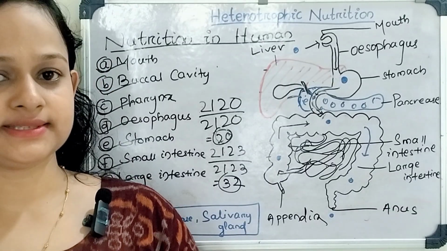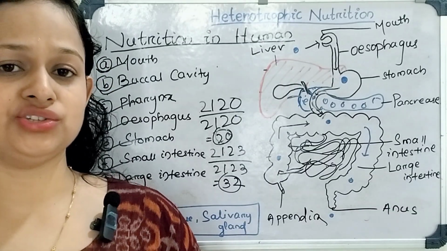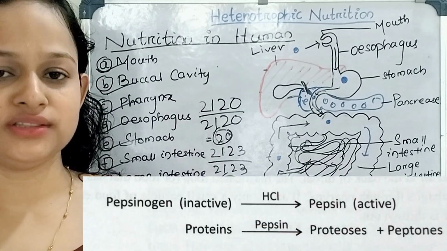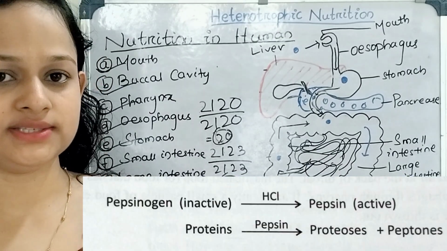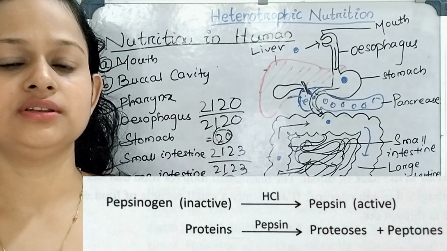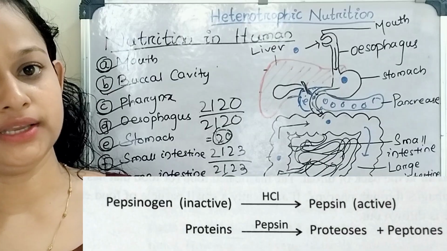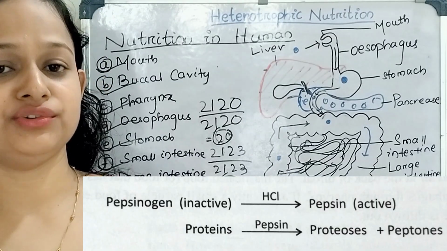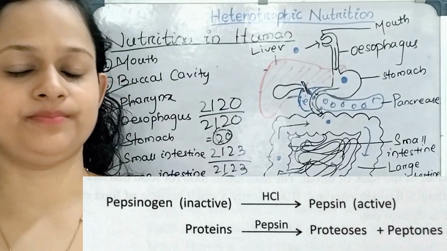The function of HCl is to kill the germs present in the food. Another important function of HCl is to activate pepsin, which then acts on proteins and breaks them into peptones and proteases.